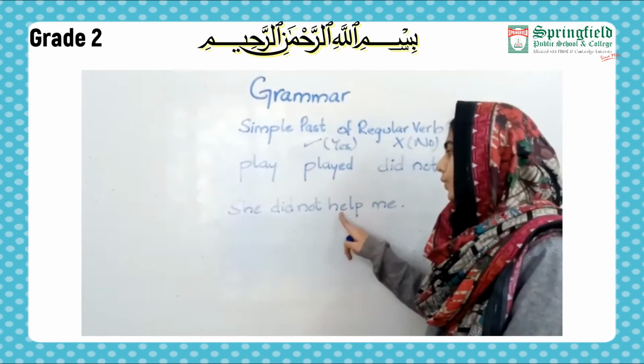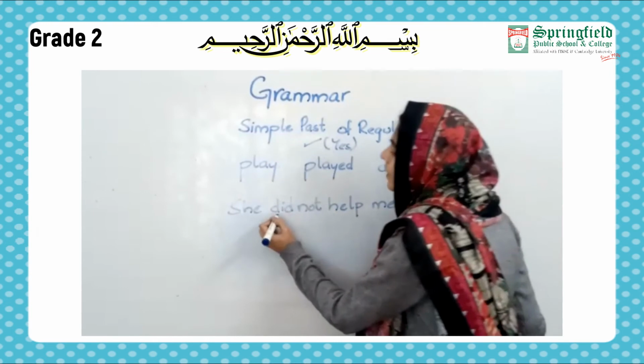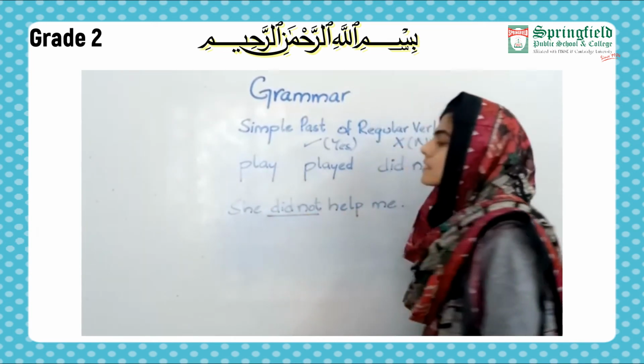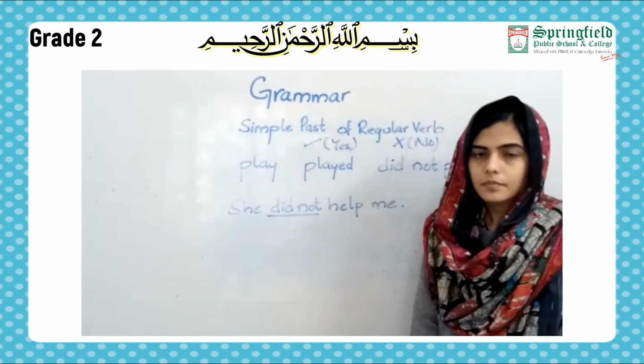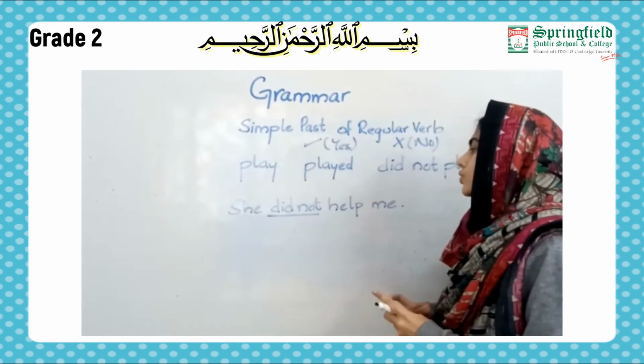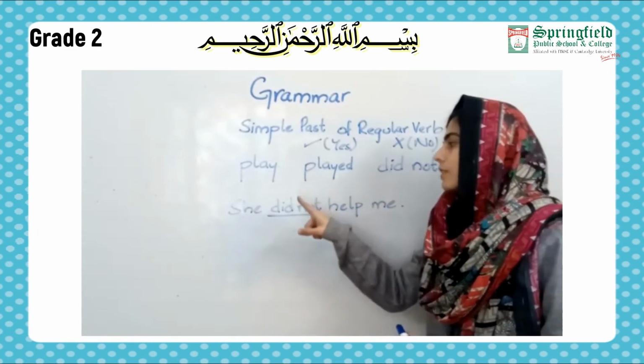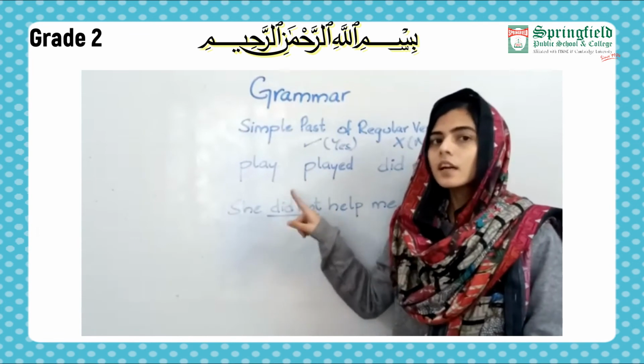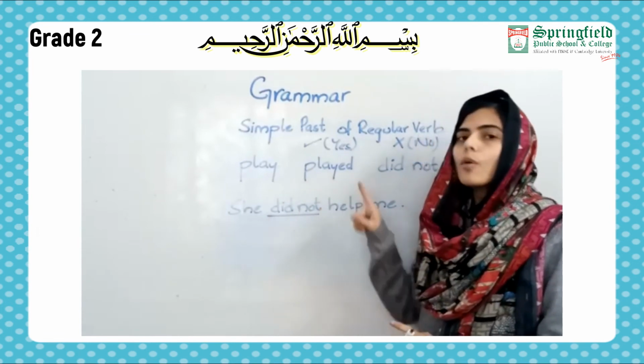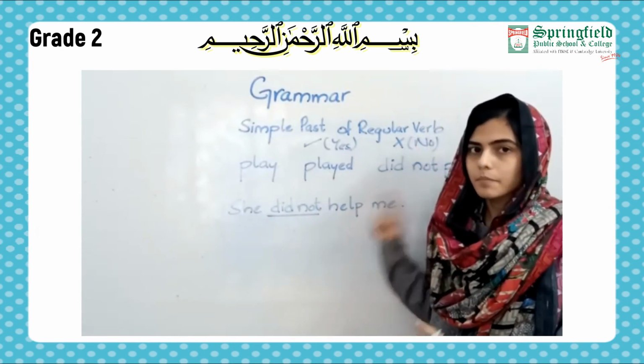The form of the verb will remain the same, whereas this did not indicates the past form. We are not going to change the form of the verb. Whenever we have got did in our statement, the form of the verb will remain the same.